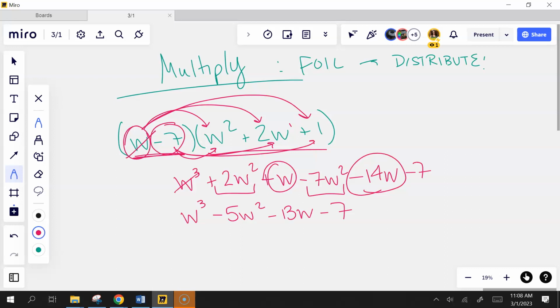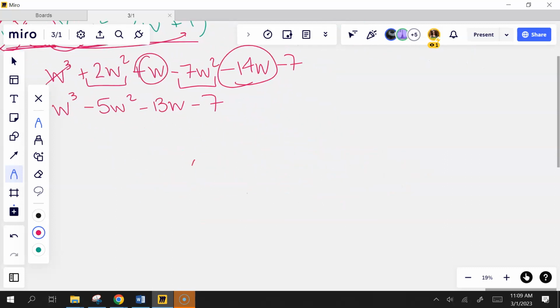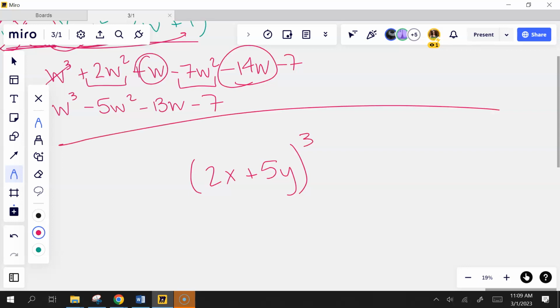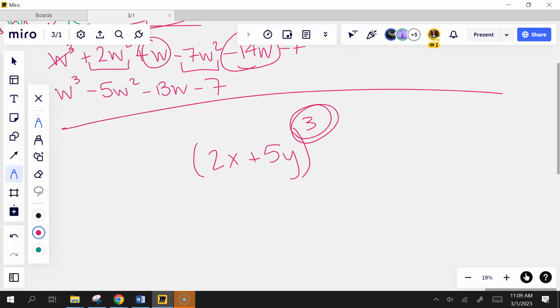The only thing I will caution you here before I set you loose. Actually, I got to show you one little thing. If you have something like this, it is still multiplying. This never distributes, remember? Never. So this says do 2x plus 5y 3 times.